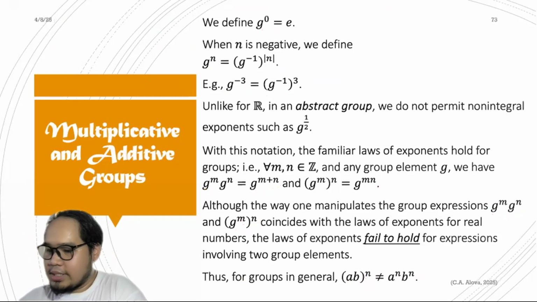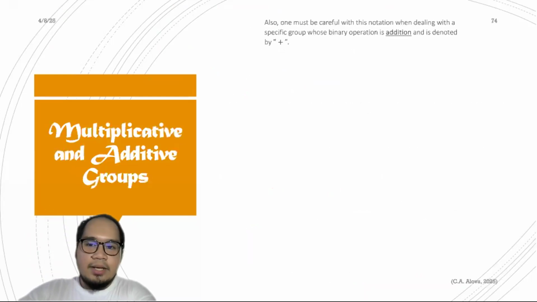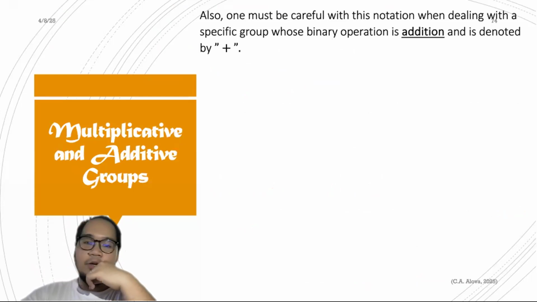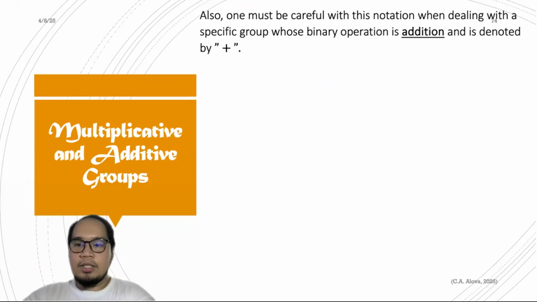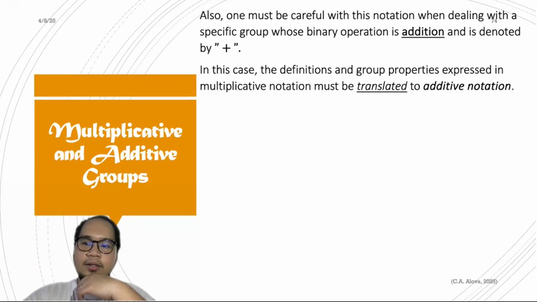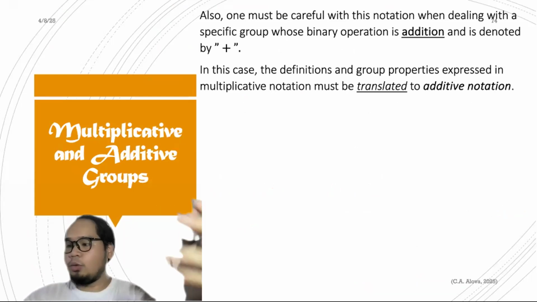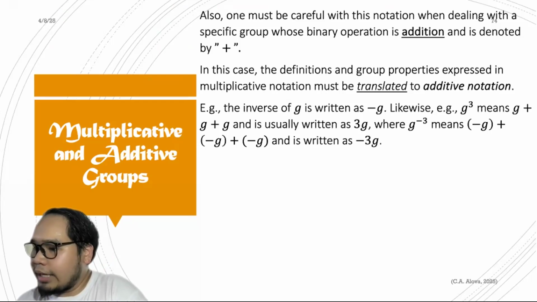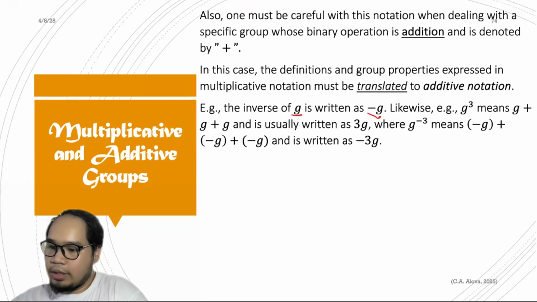Next is a note of caution. We must be careful with this notation when dealing with a specific group, especially if addition is denoted by plus. In this case, the definitions and group properties expressed in multiplication must be translated into additive notation. For example, the inverse of g is now written as -g, not as g raised to -1, because that's for the multiplication side.